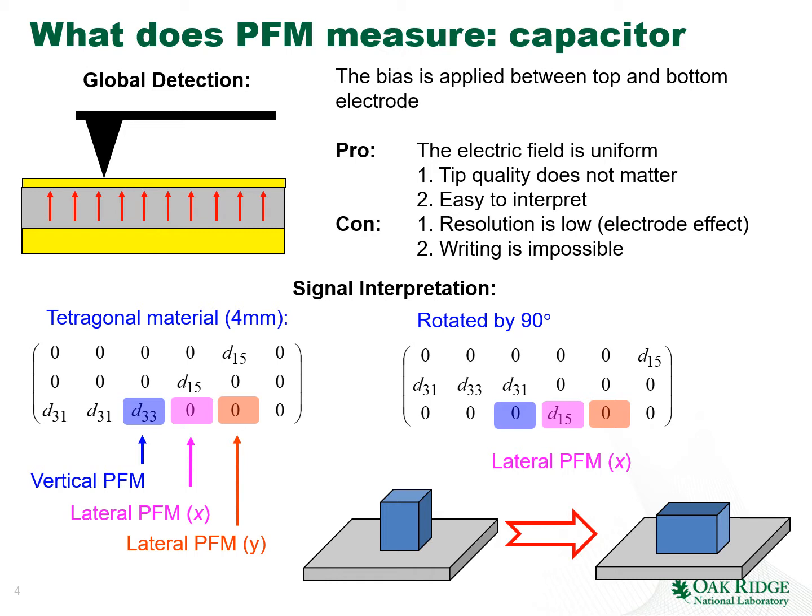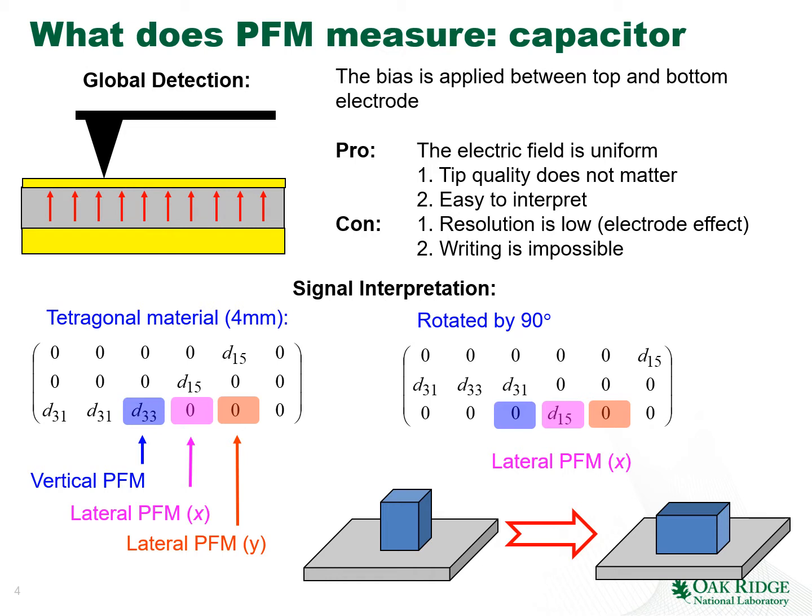So imagine that we deal with a tetragonal ferroelectric material with the tetragonal axis oriented upward. In this case, in the laboratory coordinate system, the matrix of the piezoelectric constants can be depicted like this. Here, D33 is the vertical signal, D31 is the shear components, and D15 are also shear components.